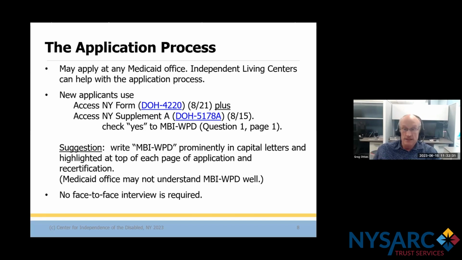And I suggest that you write MBI-WPD prominently in capital letters at the top of each page and highlight it, because Medicaid workers may miss it. They're more used to budgeting people for spend down. And we have had many cases misbudgeted and have to go to fair hearing or something to get it done correctly. Okay.